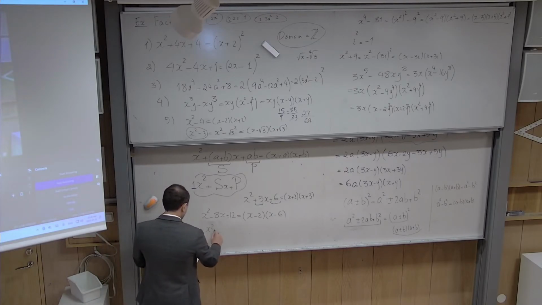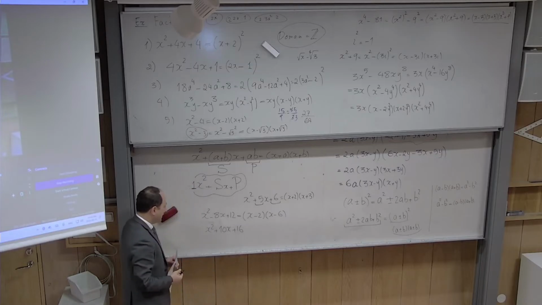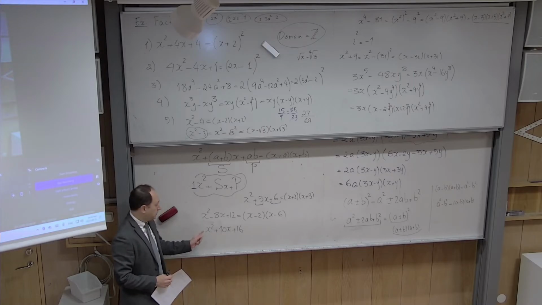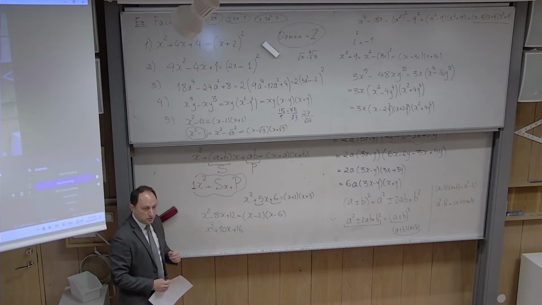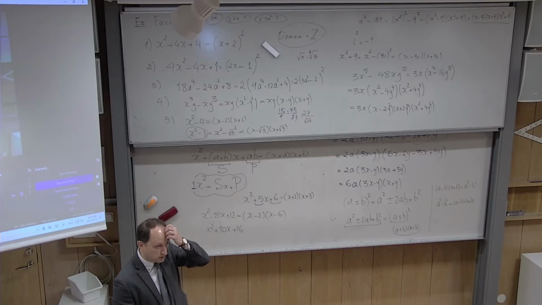Another one. X squared plus 10x plus 16. By the way, this is a good example if it works. This is a trinomial. How many complete squares do you see? 2 complete squares. So you might get suspicious at this point. This is the first identity.